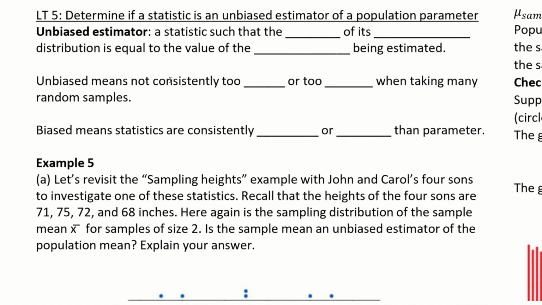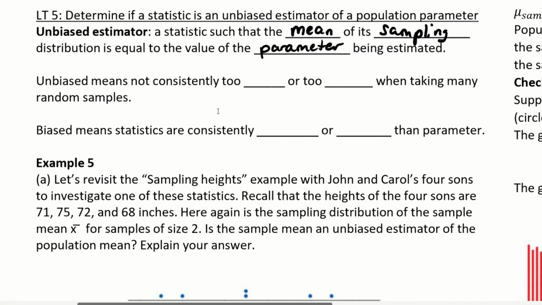An unbiased estimator is a statistic that is used to estimate a parameter such that the mean of its sampling distribution is equal to the value of the parameter being estimated. So for example, if I'm doing a sampling distribution of p hat, then the mean of that graph has to equal the value p itself.